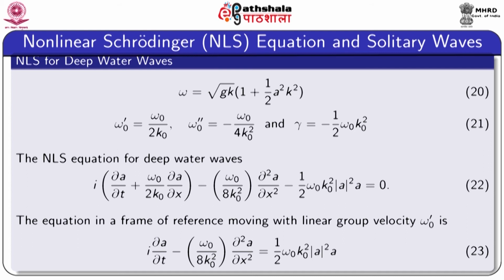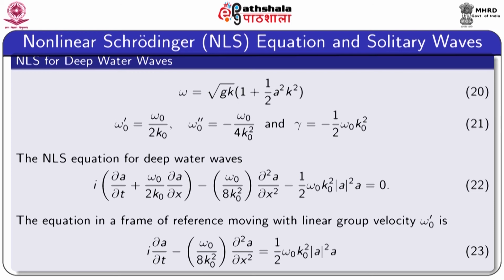So, from this relation we can find the values of omega 0 dash, omega 0 double dash and gamma, which are written in equation number 21. Now, substituting these values in the amplitude equation, we can get the nonlinear Schrodinger's equation for the deep water waves problem, which is written in equation 22.